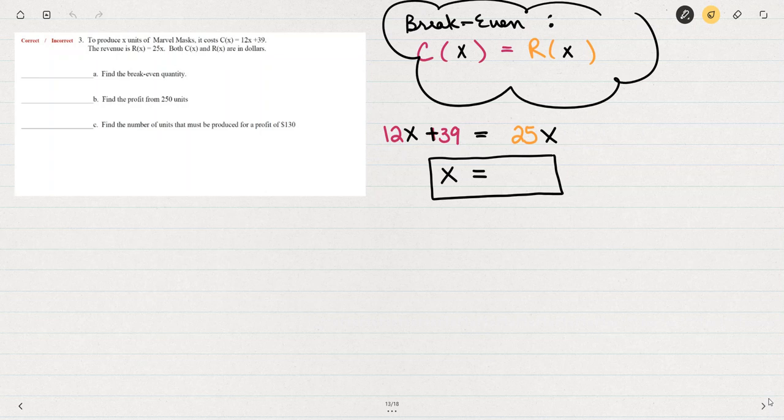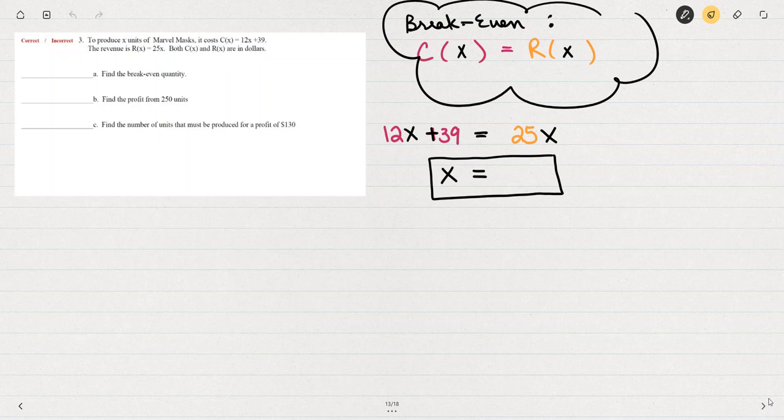So all we have to do to get the break-even point is set the cost equal to the revenue. Some students will see this as find the number of X's such that the profit is 0. But it's a little bit more concise, a little bit easier and less steps if we just see that break-even is when the cost and revenue are equivalent.